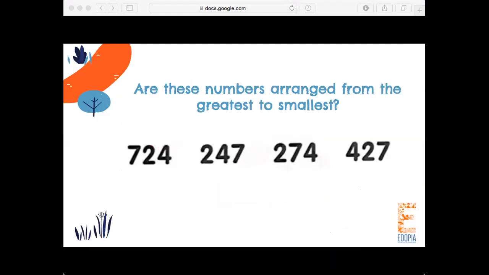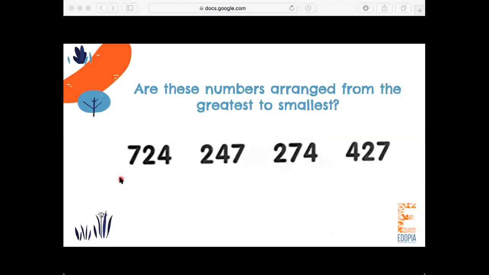Let's look over here. Are these numbers arranged from the greatest to the smallest? Let's compare the digits in the greatest place, that is the hundreds place. Okay, the digits in the hundreds place are 7, 2, 2, and 4. This doesn't show an increasing or decreasing trend, does it? No. Let's arrange these numbers in an order.